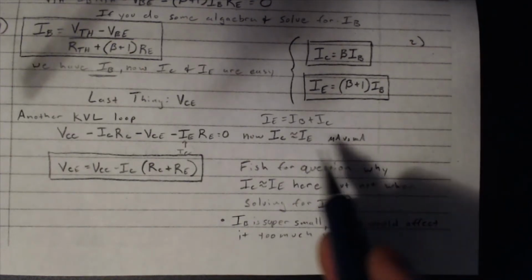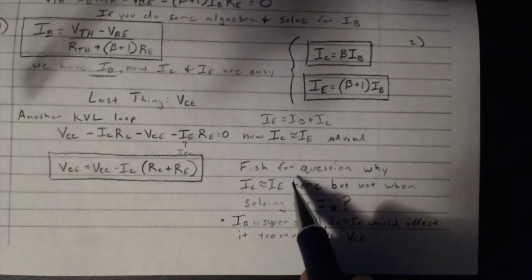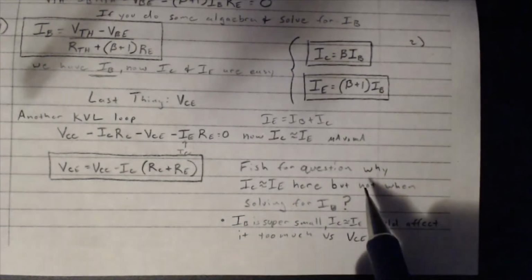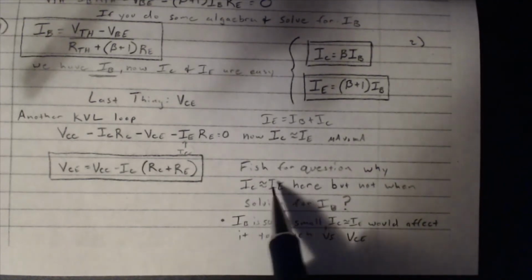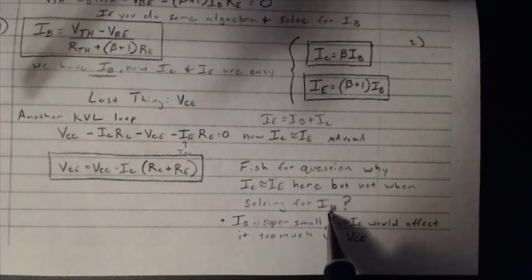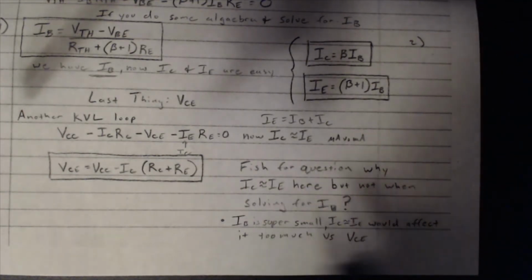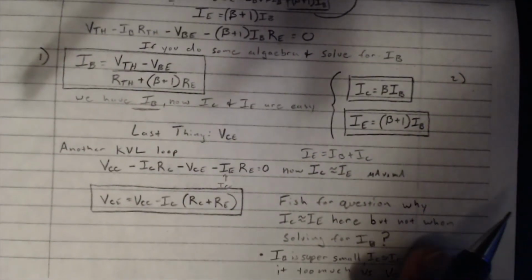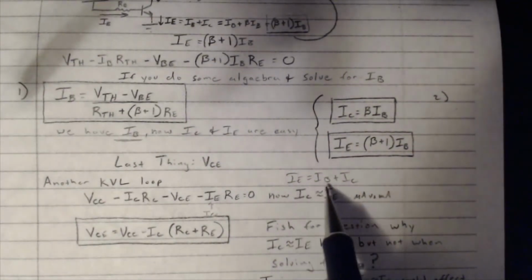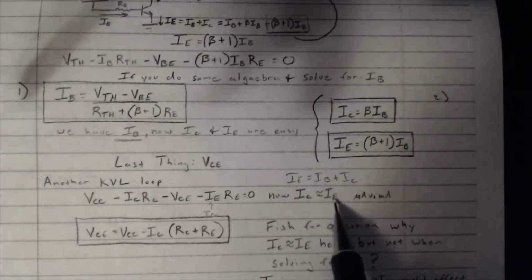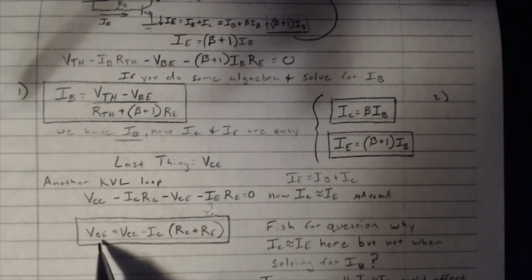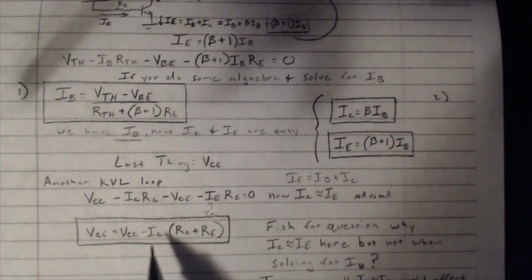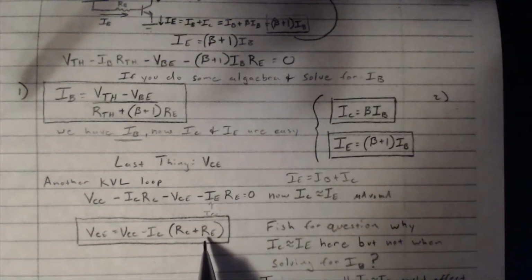Now, over here I have a little lecture note to myself, which is normally I'd be asking the class now, why is it that I can make this assumption here, but not when we were solving for IB previously? Now, we can make this assumption over here, IC approximately equal to IE, because when we're calculating VCE, the contribution of IB to this expression is very negligible, microamps to milliamps.